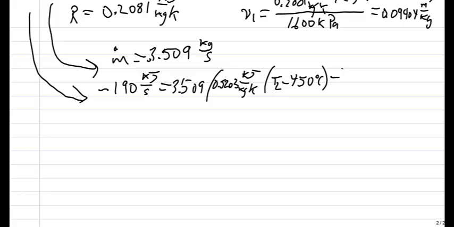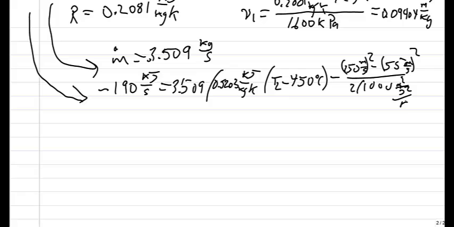So here we have 150 meters per second squared minus 55 meters per second squared, and we divide it by 2, and we also have to divide by 1,000 to convert from meters squared per second squared into kilojoules per kilogram.